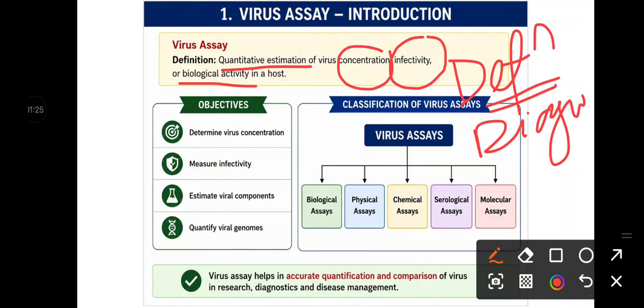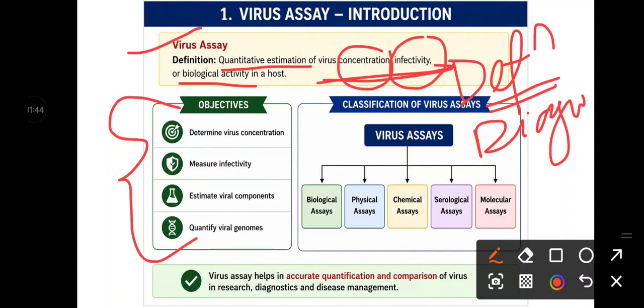And the virus assay is a little more advanced than detection and diagnostic methods. In the virus assay, we will do the quantitative estimation of the concentration and infectivity. The major objective of virus assay is to determine the virus concentration associated with the host or any samples, then measure the infectivity.